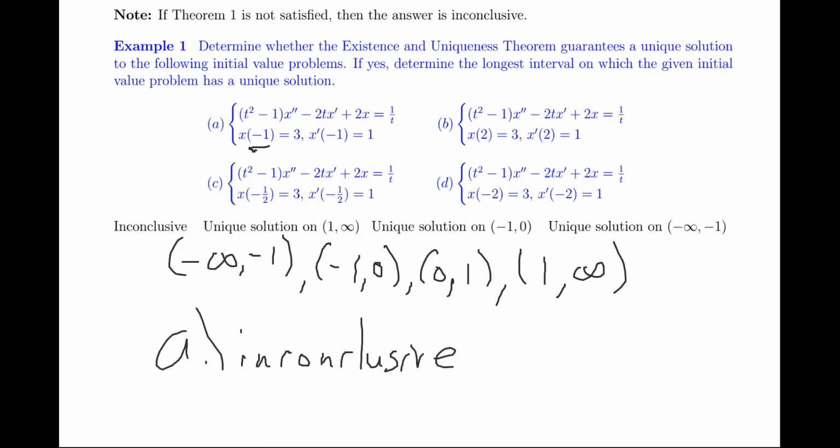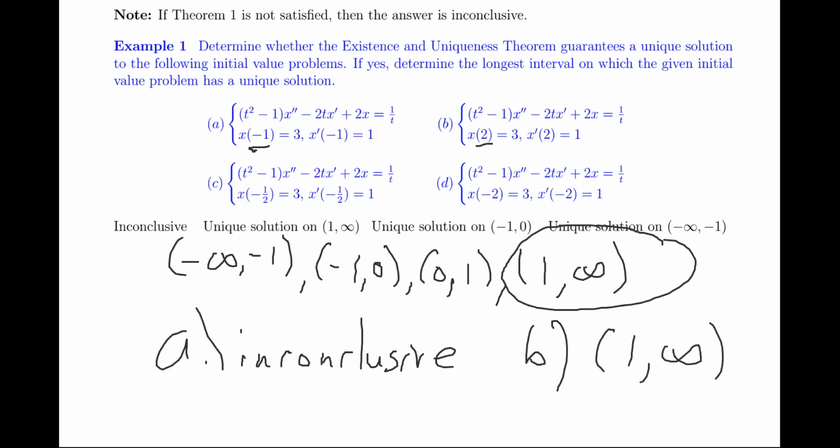For part B, we look at the initial value, and our t naught there is 2. So we find the largest interval that contains 2 and is continuous for all of these coefficient functions that we had found. And the interval that is continuous for all those functions and contains 2 is 1 to infinity. So we have a unique solution on 1 to infinity.